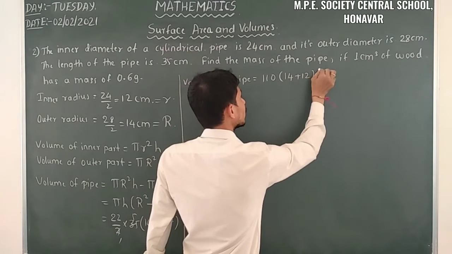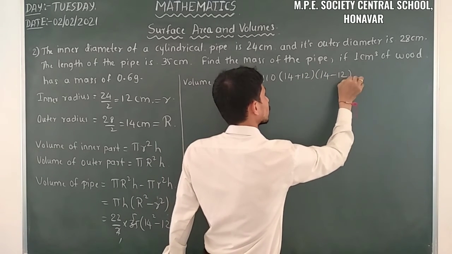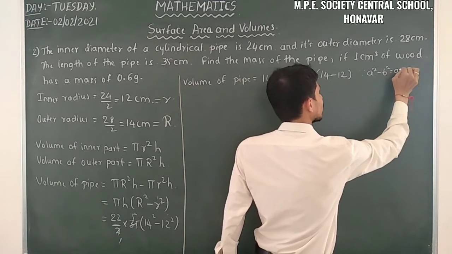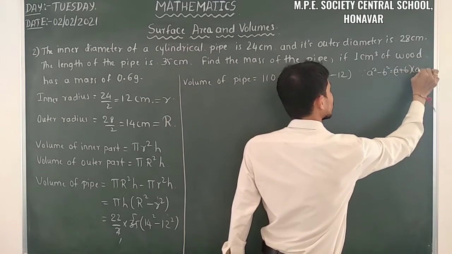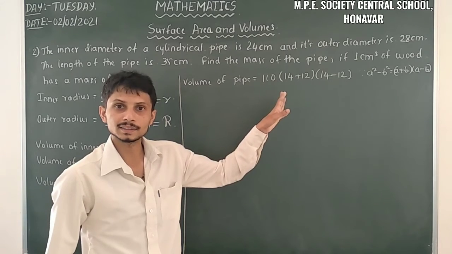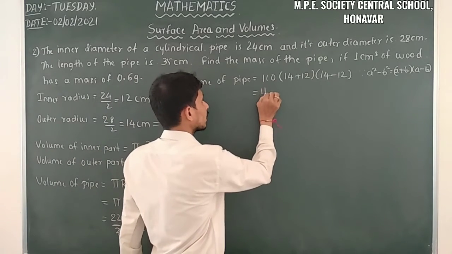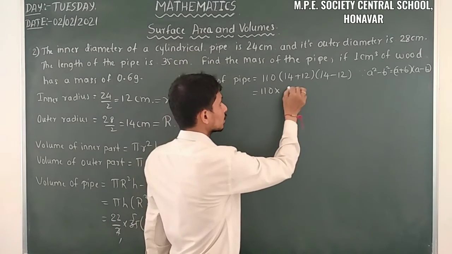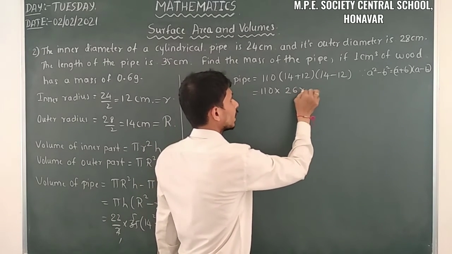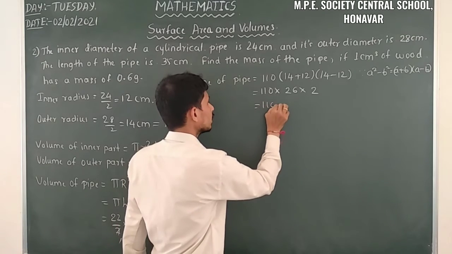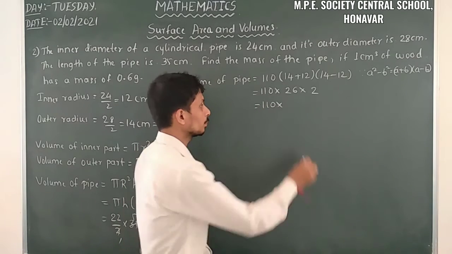Here we can use the algebraic standard identities. So 110 into 14 plus 12, it is 26, and 14 minus 12 it is 2. So is equal to 110 into 26 into 2, it is 52.